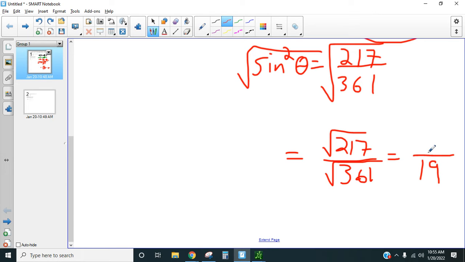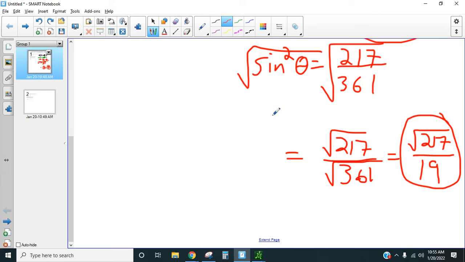What's the top? 14.73. Okay, gotta get it. Let's not do that, though, right? That doesn't really work. So what we'll do is we'll probably just leave it like this. Okay, some of your calculators do that sort of thing for you. Others don't. If your square root doesn't simplify, I think you can just leave it as that.